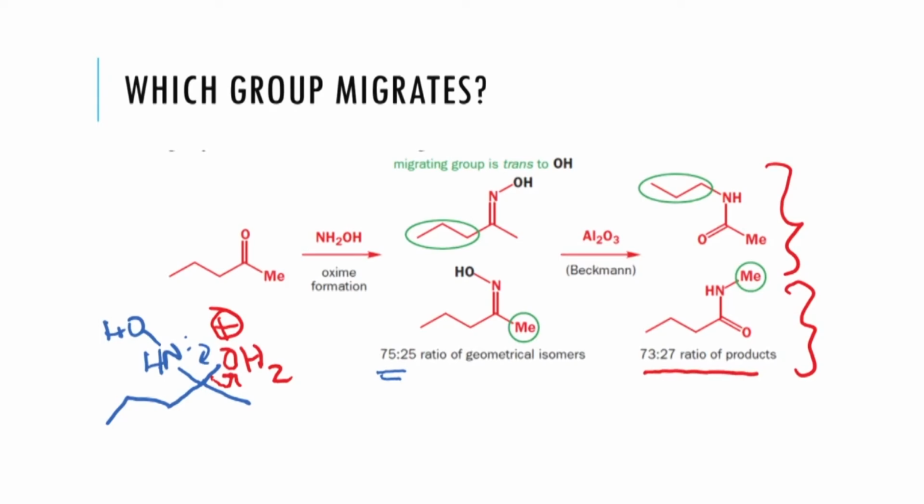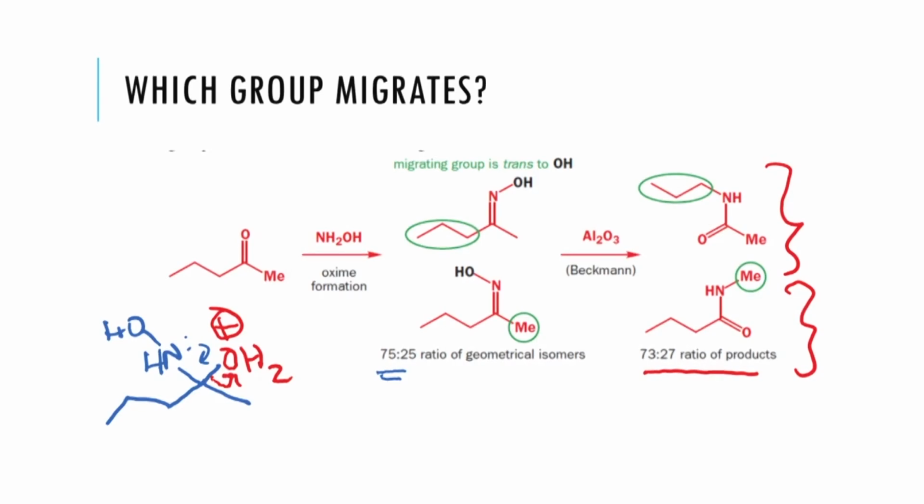Keep in mind that if this propyl group migrates, then you end up getting this propylamine-based derivative. And if the methyl group migrates, then you get this methylamine-based derivative. So this mapping of the products is very useful because it helps us understand whether there is any possibility of an intermediate or anything that is being formed.